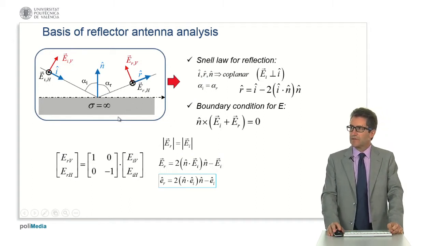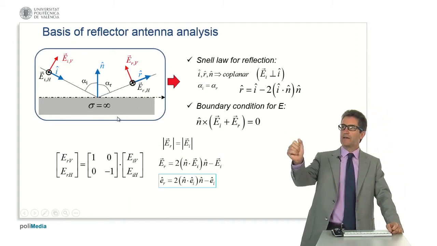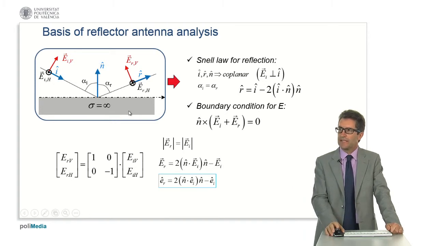In this figure you can observe the reflection of an incident plane wave over a perfect electric conductor with an incident direction and the reflected one, and also the incident and reflected fields, which have been decomposed into a vertical and horizontal component.